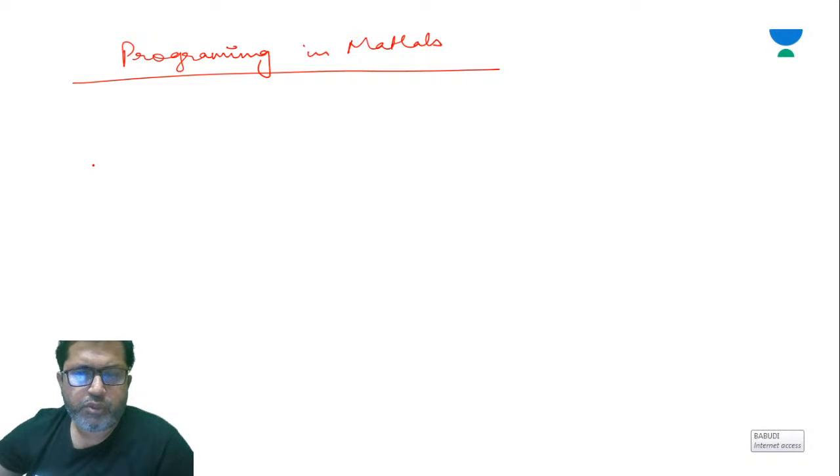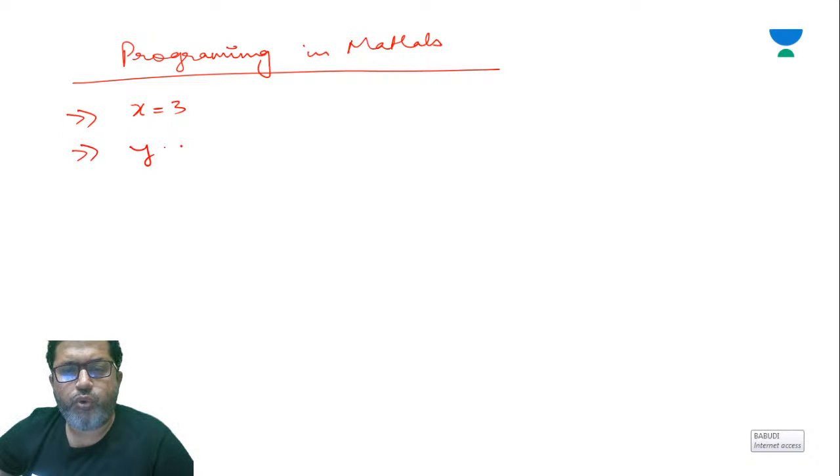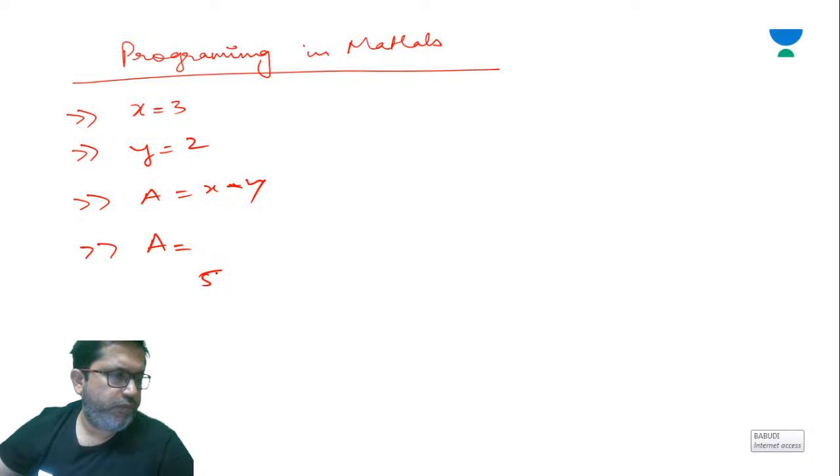You can see that if I say x equal to 3 and y equal to 2, and if I say a equal to x star y, what will I get? A equal to 6.